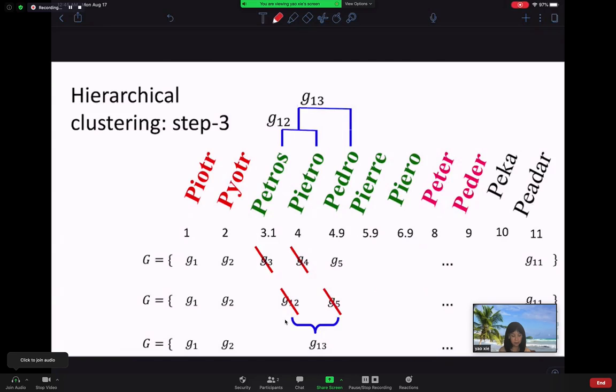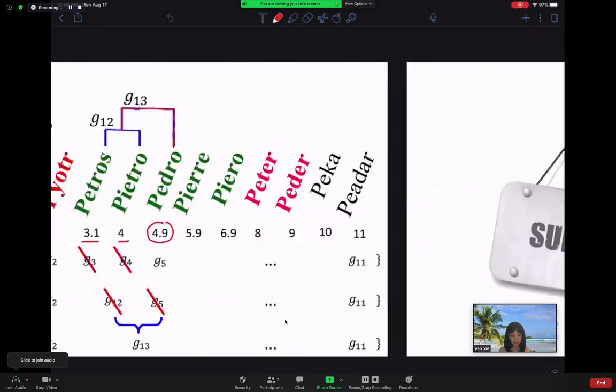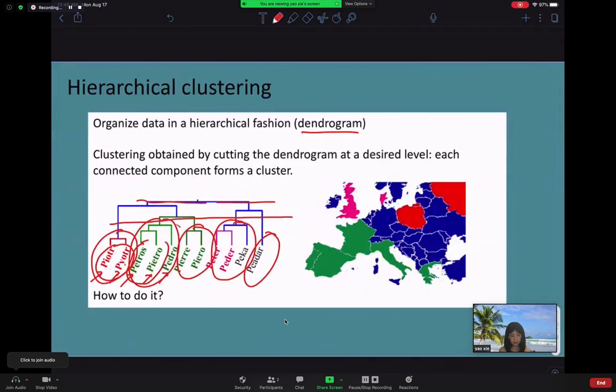And you end up finding this one, which has a value of 4.9. The difference of this to the two elements in here, the smallest value is 0.9. So this achieves the next smallest distance in your newly formed group. So I decide to merge this group with this newly formed group here. Okay, so keep doing this. In the end, you will end up having this result.